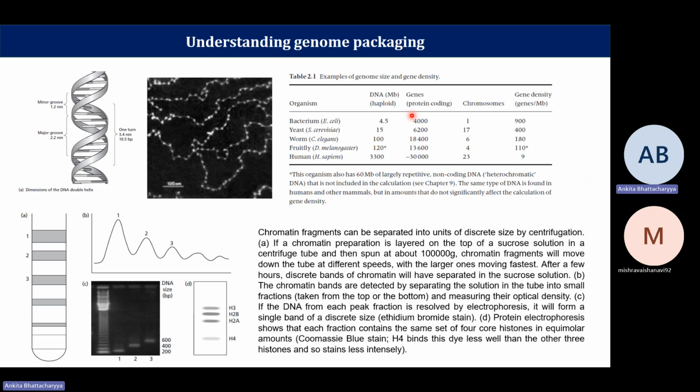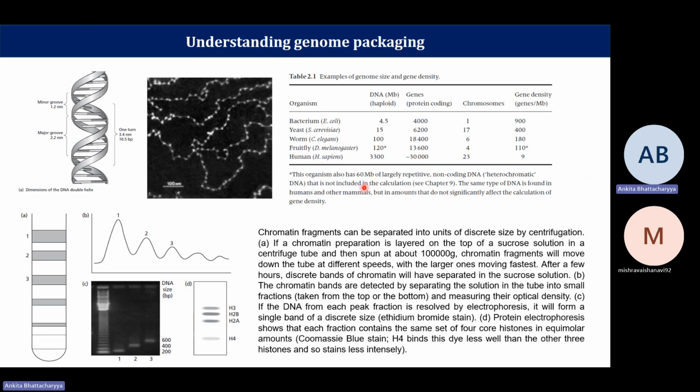Additionally, for example, Drosophila has around 120 megabases of DNA, and that includes 60 megabases of largely repetitive non-coding DNA, which is called heterochromatic DNA or heterochromatin. That is not included here, and it is found in humans and other mammals, and therefore it's just another point of variation.